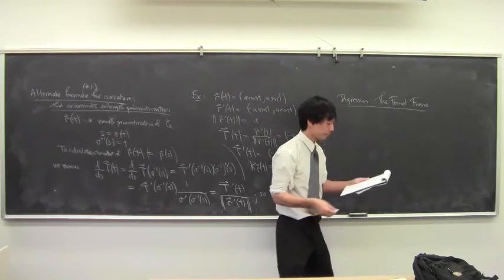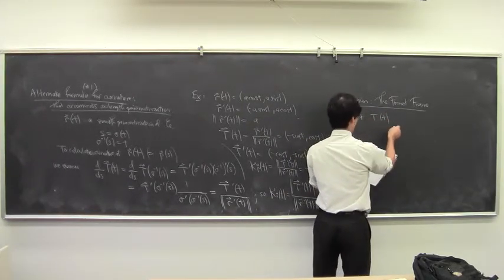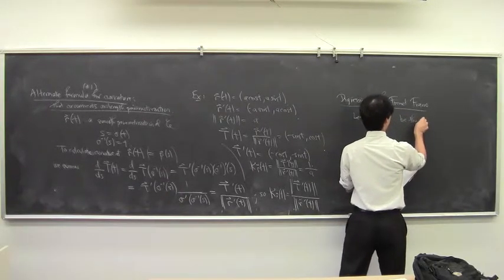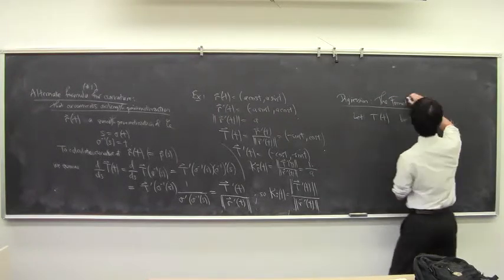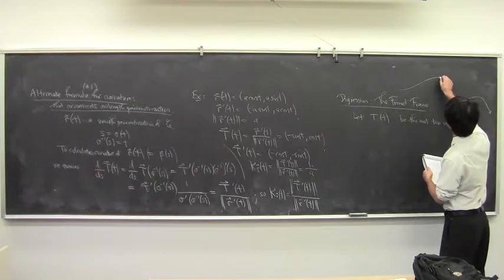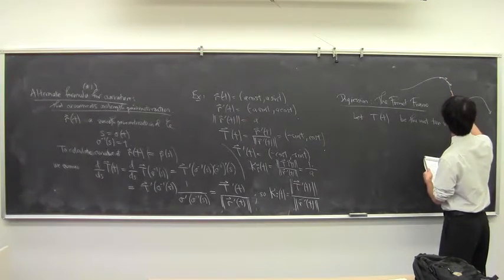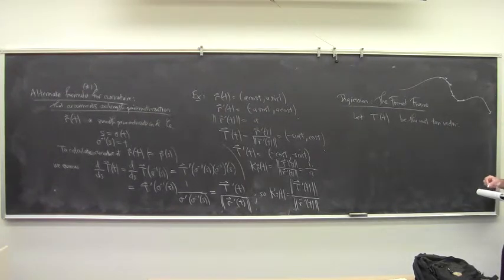So, let T be the unit tangent vector. So you're traveling in outer space. At any point, you have this unit tangent vector that comes with you. Right? You've got your unit tangent vector.